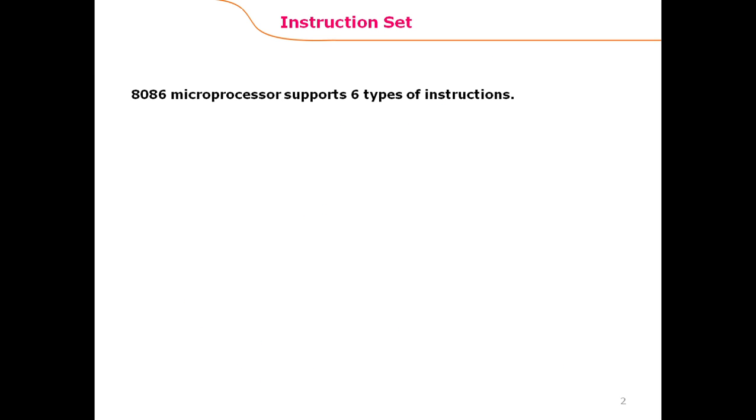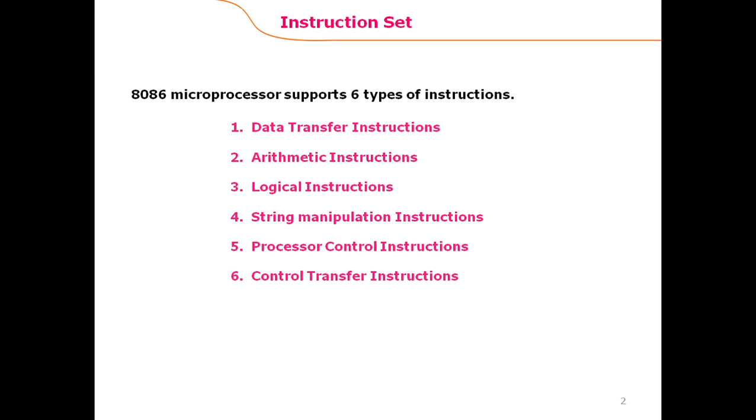Briefly about the instruction set of the 8086 microprocessor. There are 6 types of instructions in the instruction set of the 8086 microprocessor. The first type is data transfer instructions.